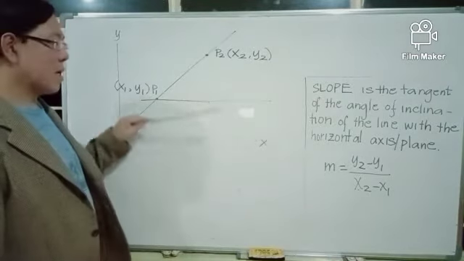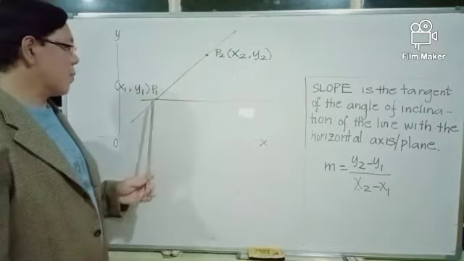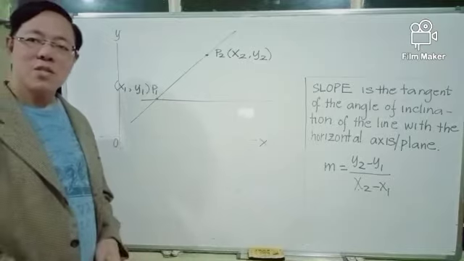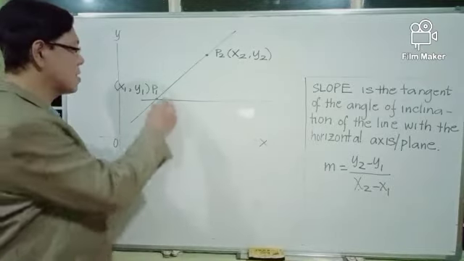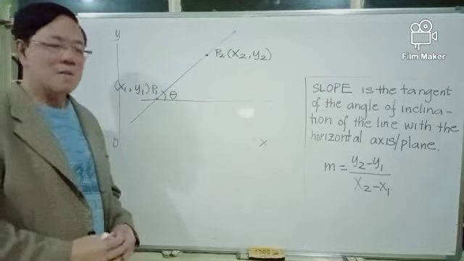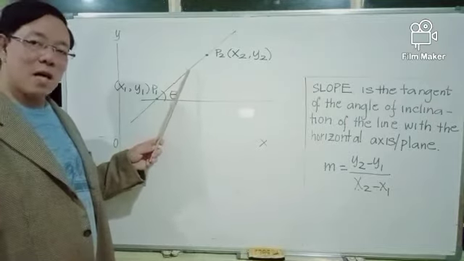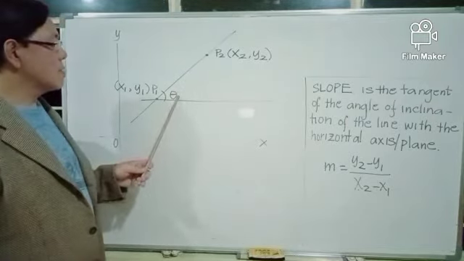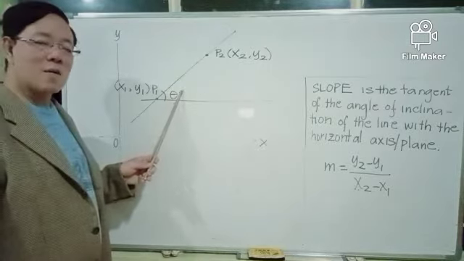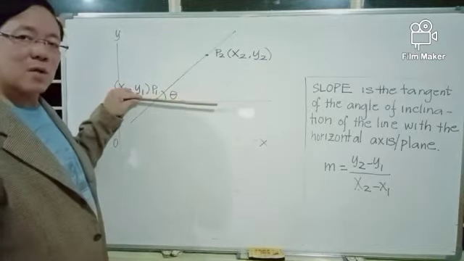And this angle of inclination mentioned in the definition of the slope is this angle. We denote this by the angle theta. So the slope of this line is defined as the tangent of this angle theta. And angle theta is the angle of inclination of the line with respect to the horizontal.